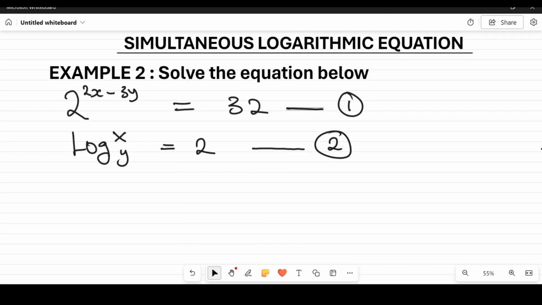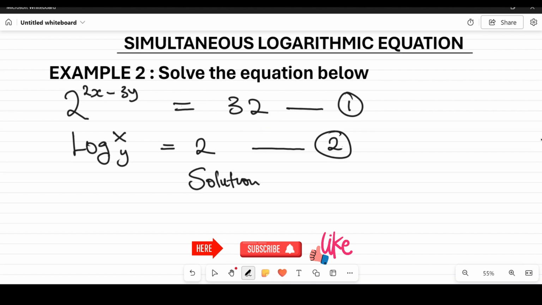So let's take up the number 2 question they give to us. They say 2 to the power 2x minus 3y equal 32, and log x to base y equal to 2. First, we put down our solution. Now, from equation 1, we have to express the 32 as a power of its base.